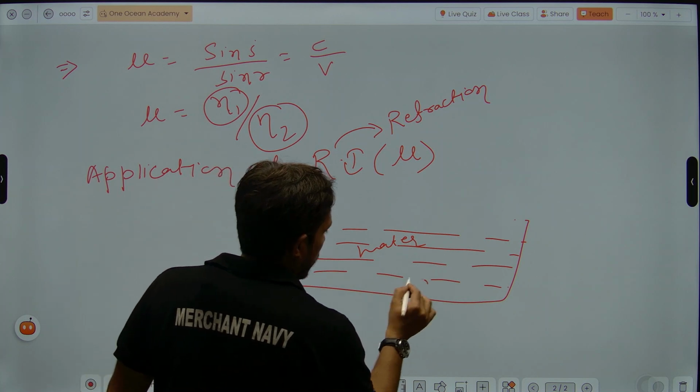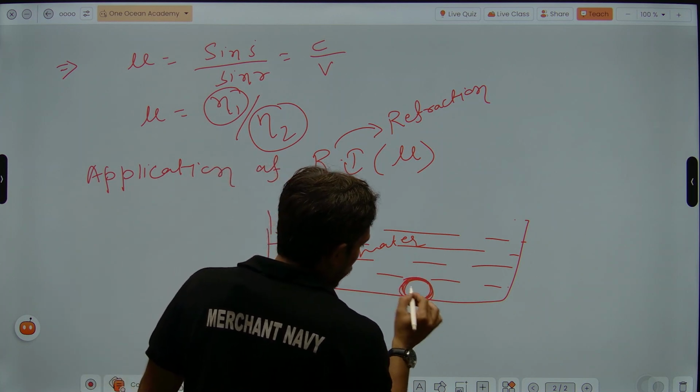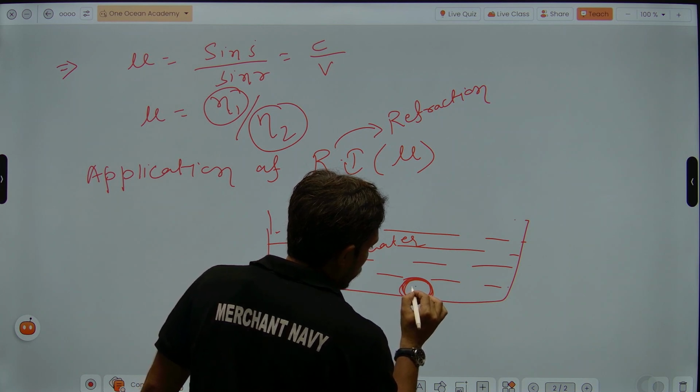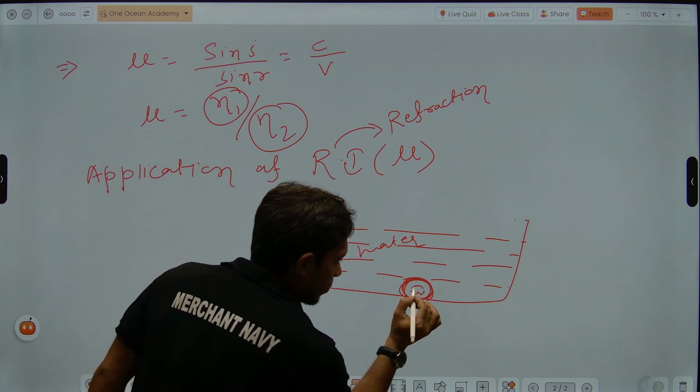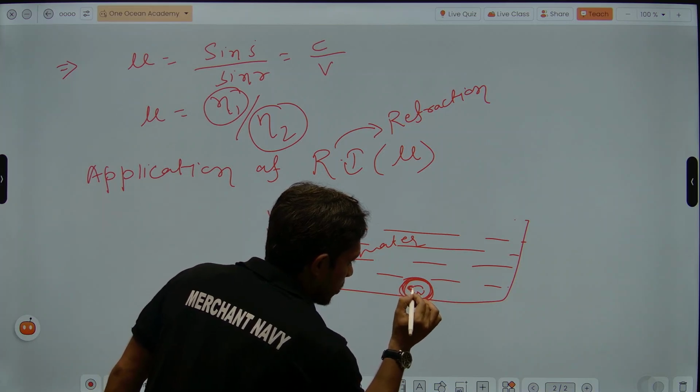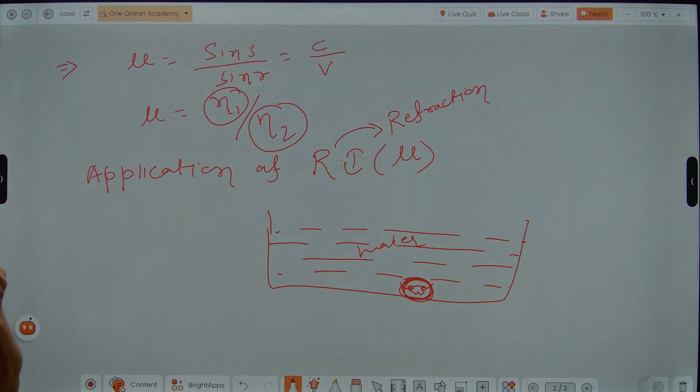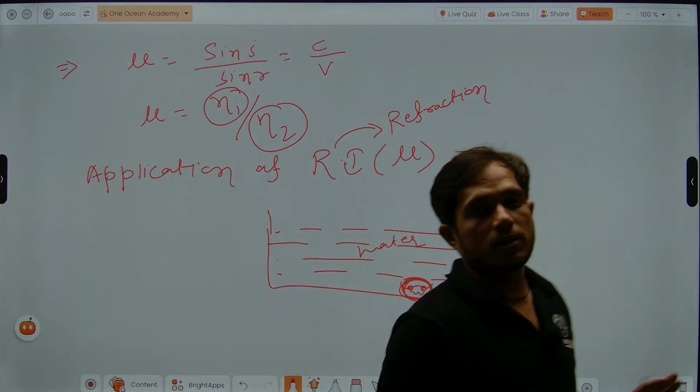Suppose that here a 10 rupees coin is kept. A 10 rupees coin doesn't have Gandhiji, but I make it. This is Gandhiji. So a 10 rupees coin with Gandhiji's face is kept here.